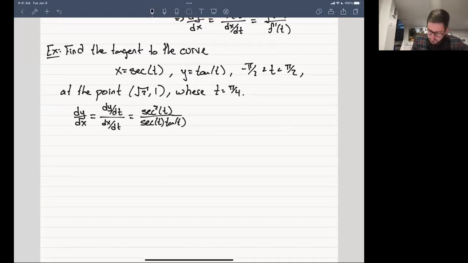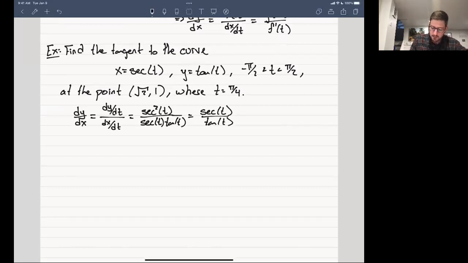So I'm just taking derivatives of the x and y components with respect to t. We can cancel out one of those secants, and we get secant of t divided by tan of t. There's no point in simplifying this further in terms of sines and cosines. It's totally fine with us.